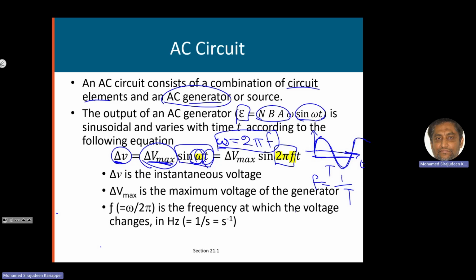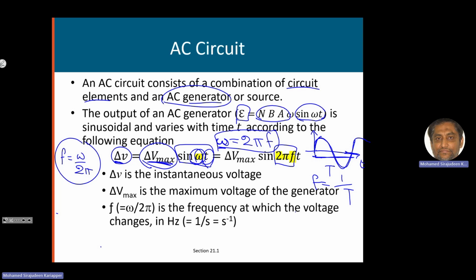Omega is equal to 2 pi f, and that means f is equal to omega over 2 pi. Okay, just rearranging that. I hope that's clear.